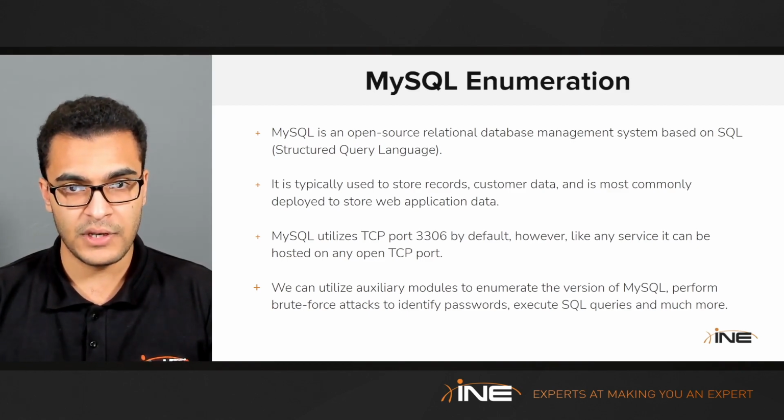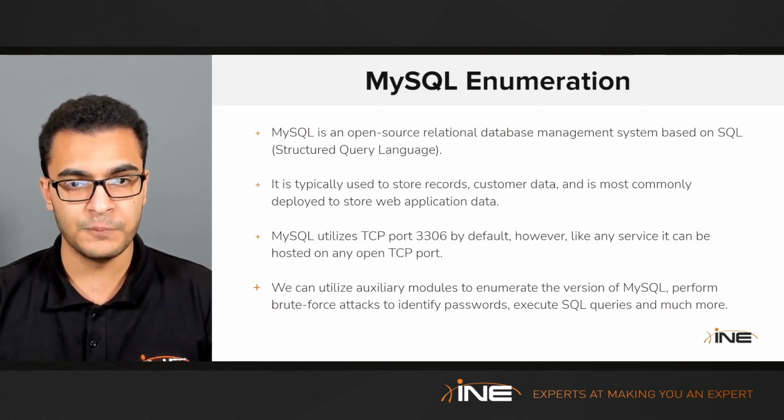After we have credentials, we can use various other auxiliary modules to enumerate information from the database server, like the tables or the databases, as well as execute various SQL queries, which we will be exploring within the lab environment.